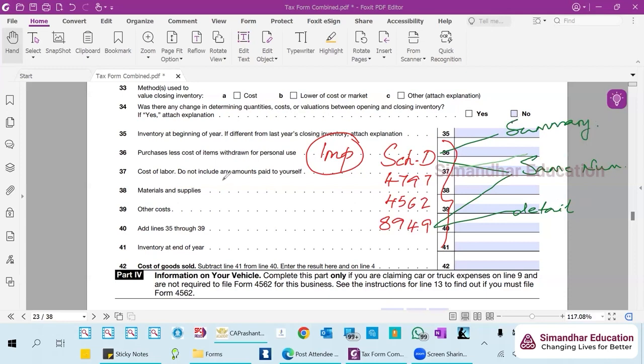Okay, now we have assets. We have something called capital, we have something called business, right? Whenever there is a sale of an asset, if it's a capital asset sale, I file Schedule D and 8949.